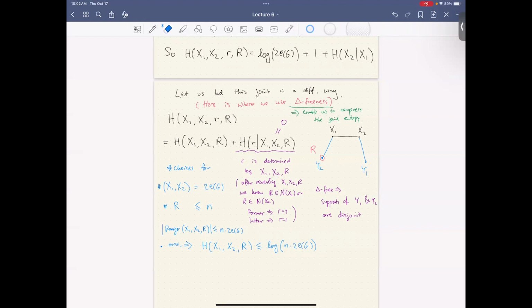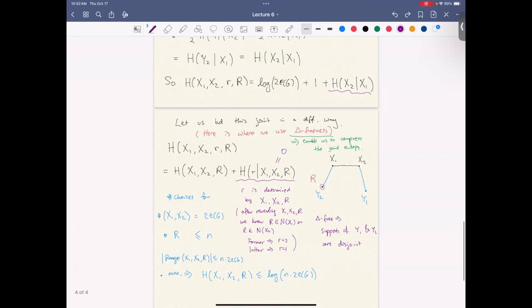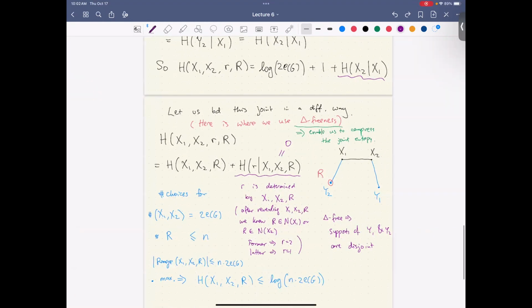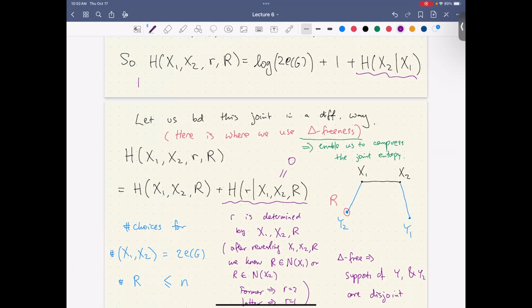Maybe let me change this one more time. This guy, by the chain rule again, is H. Let me bound this guy. H(X2, X1) by the chain rule is H(X1, X2) minus H of X1, right?